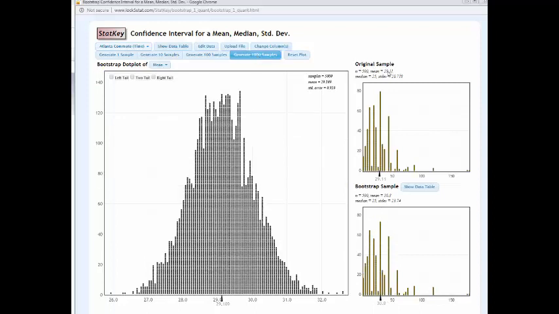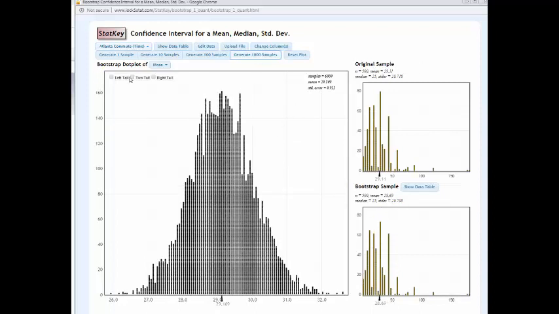It's centered around the sample mean. And if we click on two-tail, we can find basically the mean plus or minus 2 standard errors. Okay, so 95% of the data lie between 27.329 and 30.932.